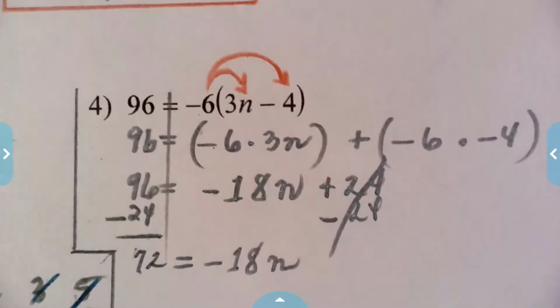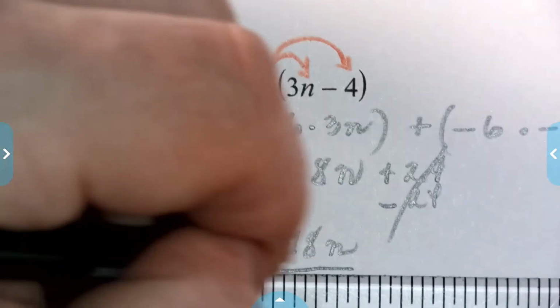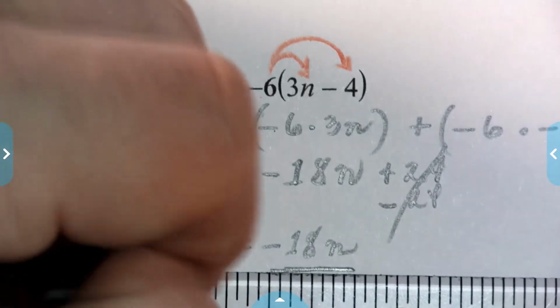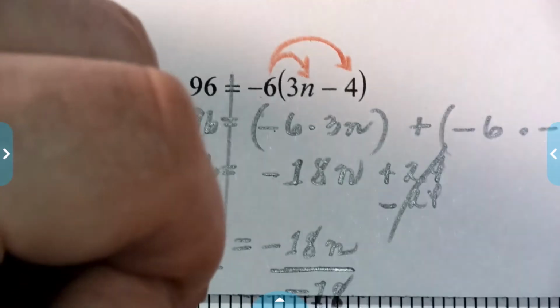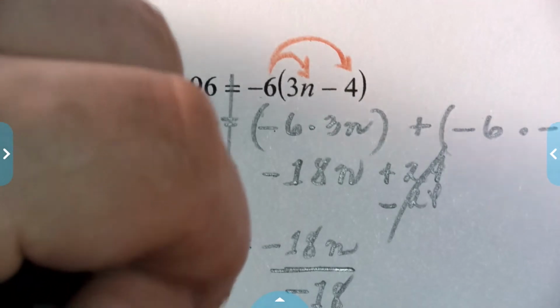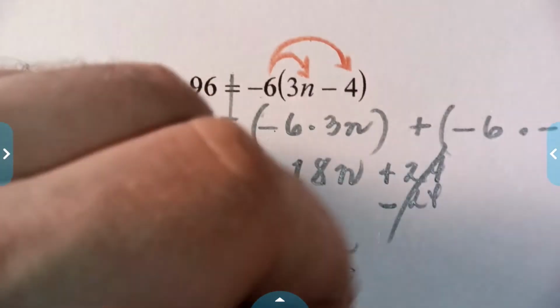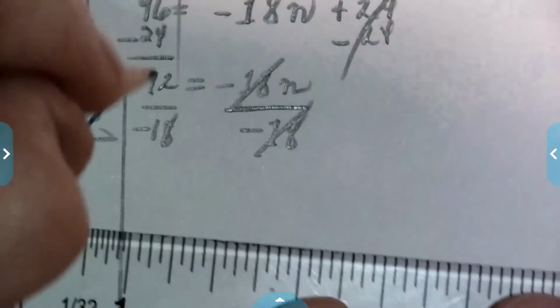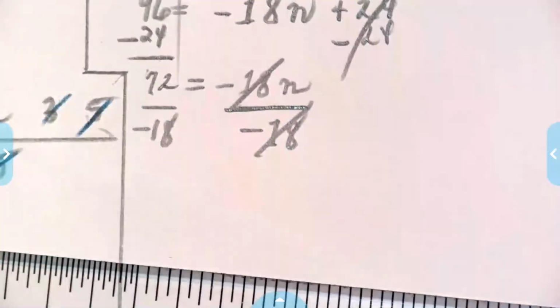And so I'm going to divide both sides by negative 18. Canceling out the negative 18s right here. All right, now I just have to work with 72 over 18. I'm going to move this over here. I got negative 72 over 18.